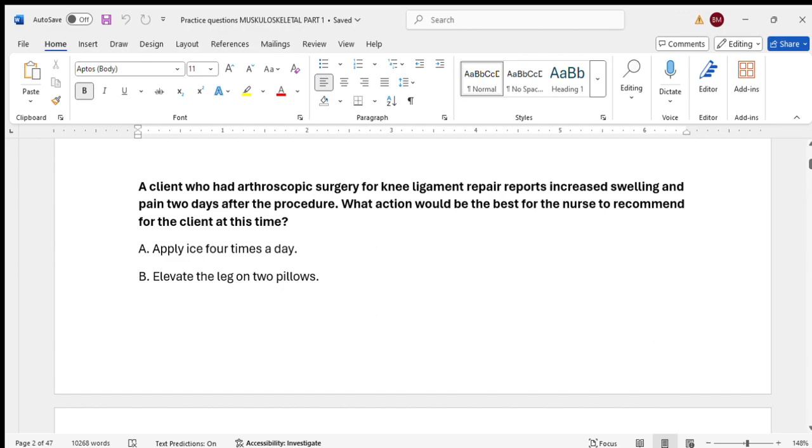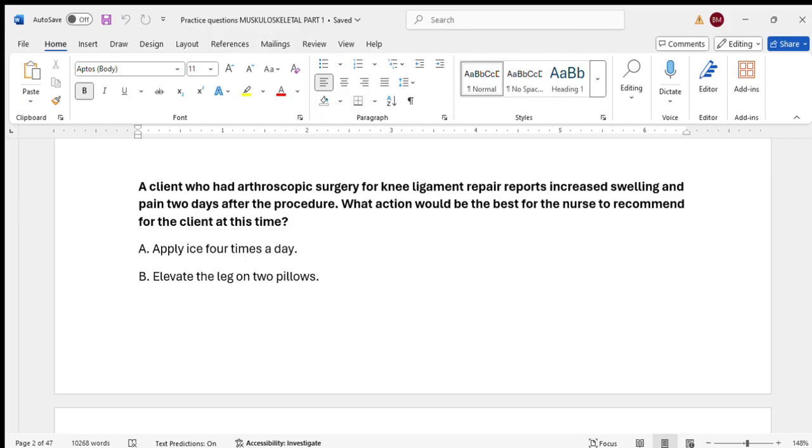I know you're going to tell me, yes, Dr. Matalana, but you always mention the RICE protocol. Rest, ice, compression, elevation. But this is increased swelling. That's why it's very important. First, you are going to read the question and the scenario. Second, you are going to look for an adjective that is going to give you a hint of what the condition is: increase, decrease, okay?